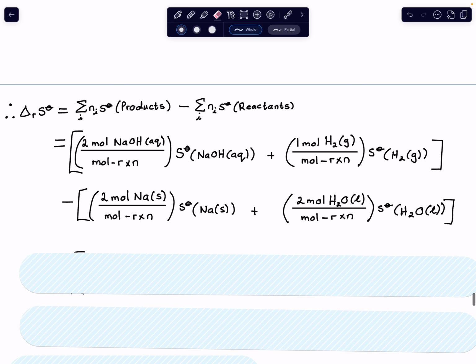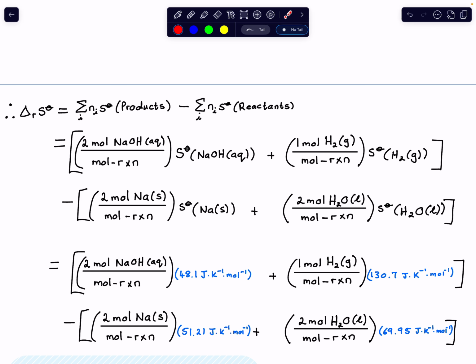All that we must check now is that we transfer the correct values and units from the table. And what you hopefully notice is that even things like sodium and hydrogen have non-zero standard molar entropies. Why? Because standard molar entropies are third law entropies, and they are measured as a reference from 0 Kelvin. That means the entropy of a species at 298 Kelvin relative to the entropy of a perfect crystal lattice at 0 Kelvin, which we assume is 0.